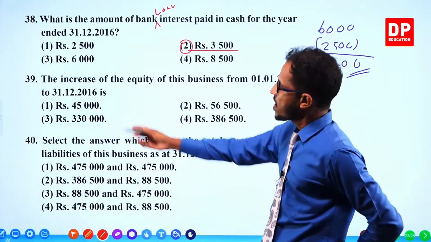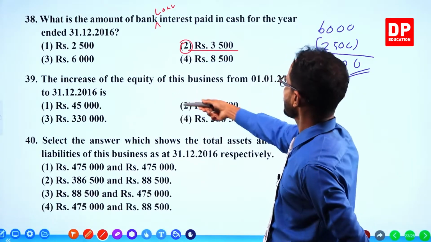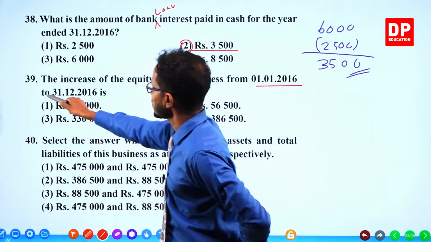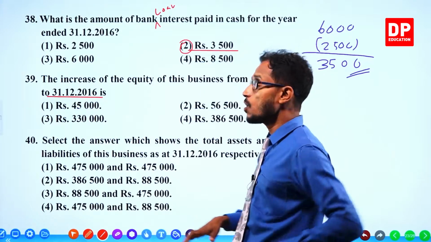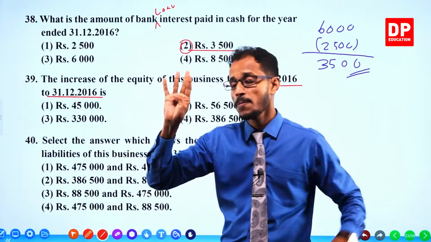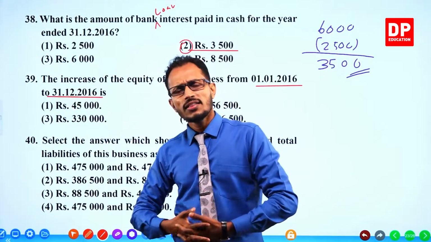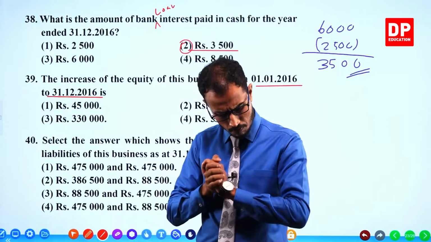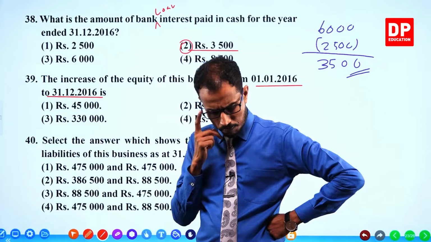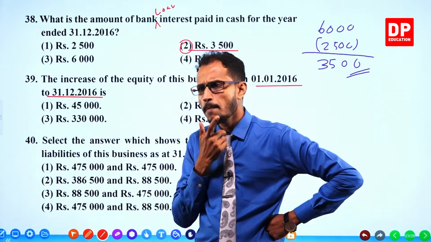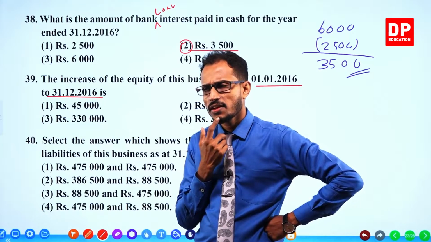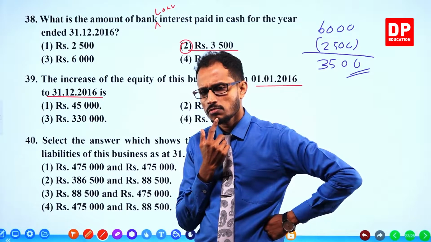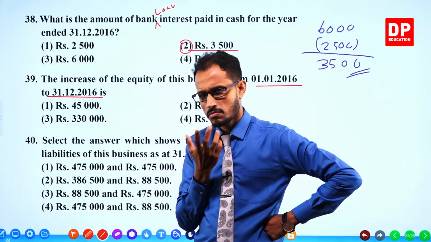3,500. Next one. Increase of the equity of this business from 1st January to 31st December. We know that there are only 4. Oh, are there 5? There are 5 incidents, 5 occasions normally, right?